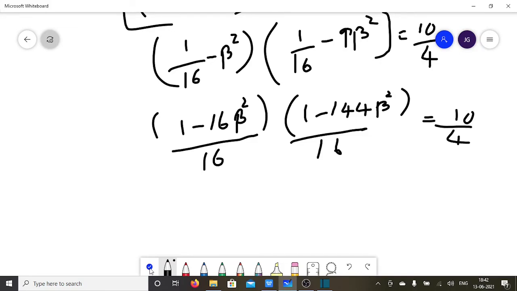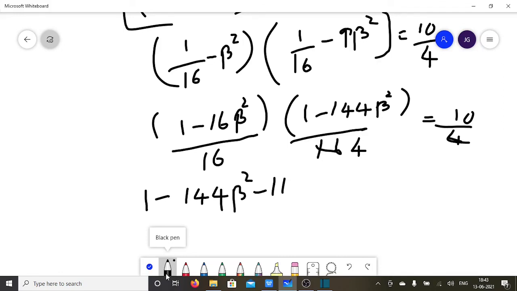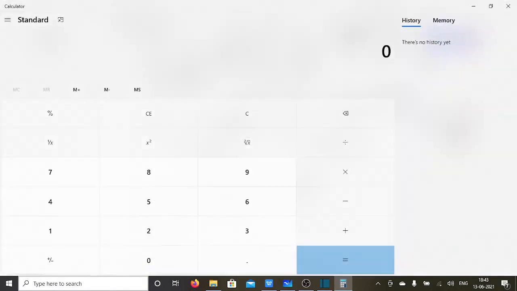Now we can do cross multiplication. So this is 1 by 4, we can cancel this. So this is 1 minus 144 beta square minus 16 beta square plus 144 into 16. So we can take a calculator here. 144 into 16 is equal to 2304.